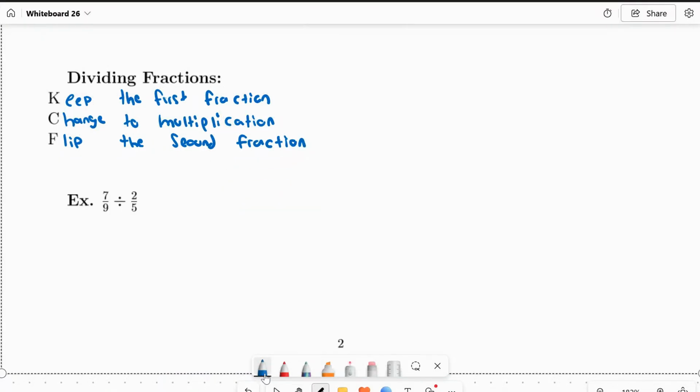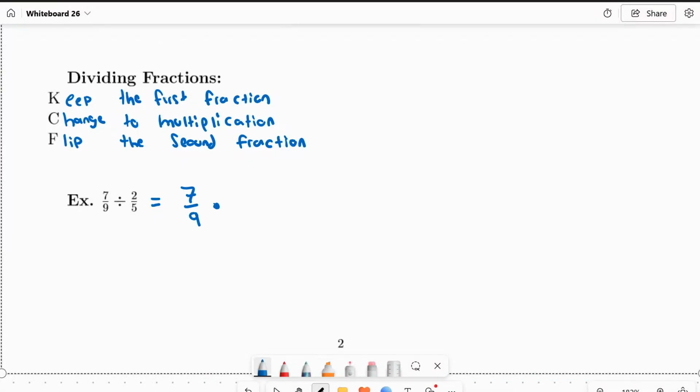All right, so let's keep, change, flip this example. I have 7/9 divided by 2/5. Let's go ahead. We will keep our first fraction, so I've got 7/9. Then I will change my division symbol to multiplication.